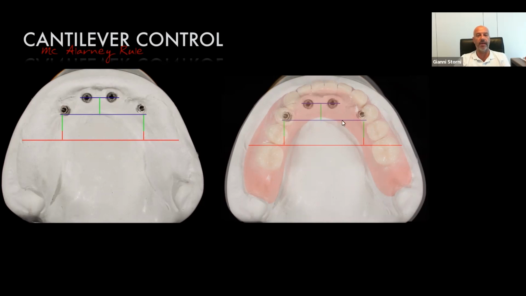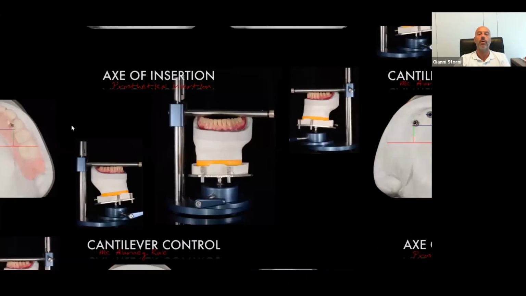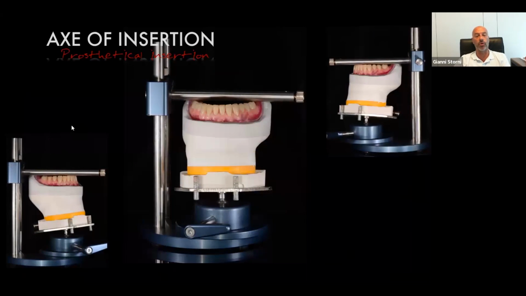So we have scanned the bar and the denture to take a look at the space. We designed the possible cantilever to give more stability to the removable denture. Now we can control using the wax up of the teeth, first of all, the path of insertion.